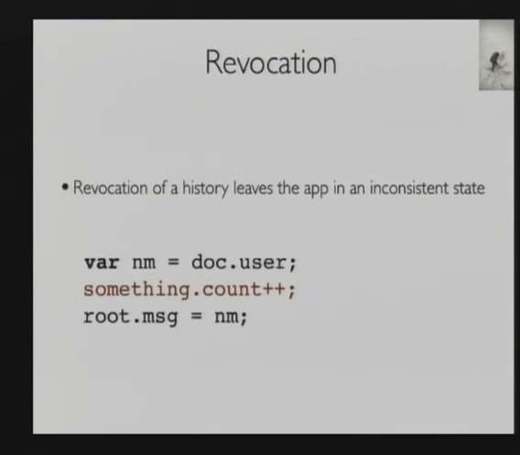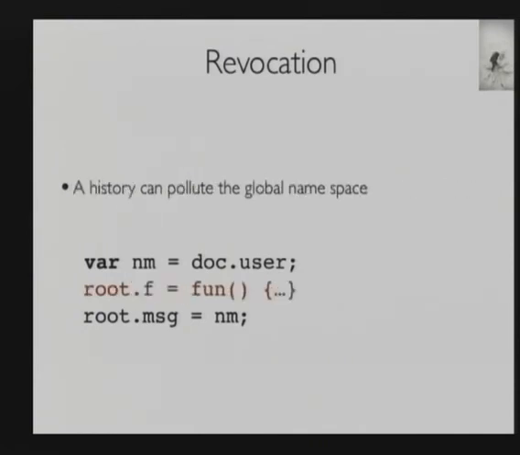If we just stop the computation after the assignment, we may have left the system in an inconsistent state. We may have incremented this counter that maybe we shouldn't have. Or we could have, for instance, installed a function in global space and thus polluted global space with some junk.